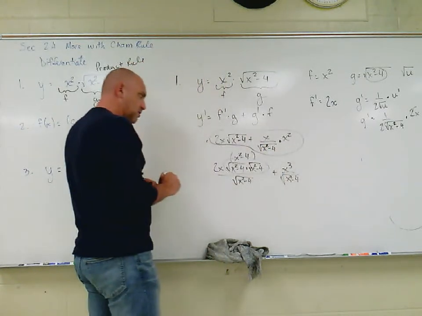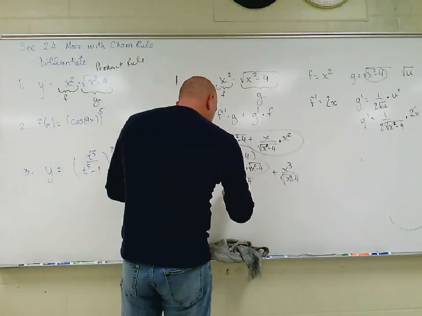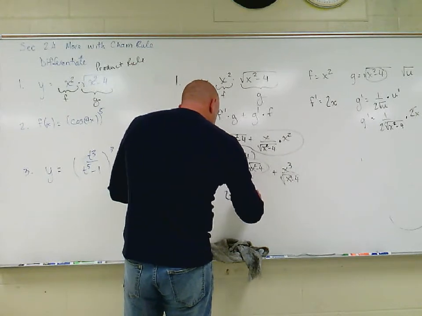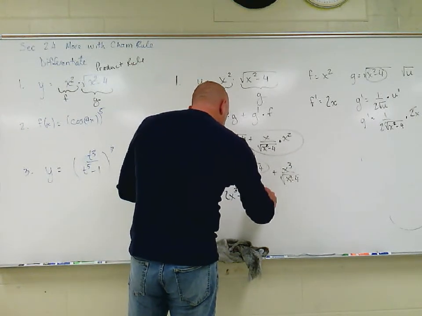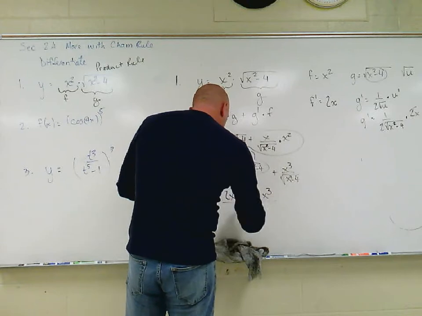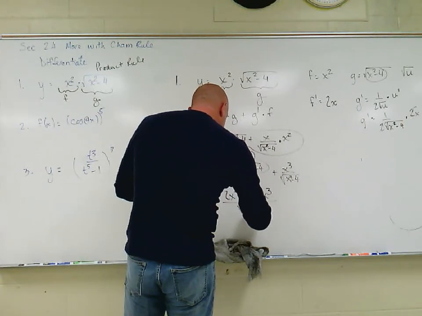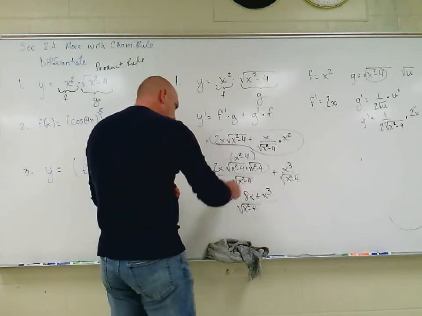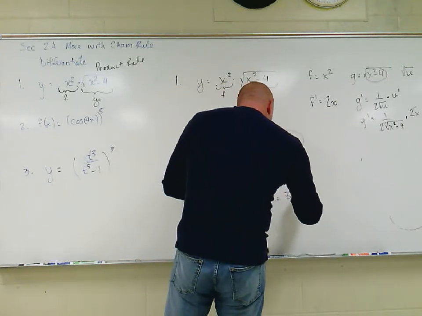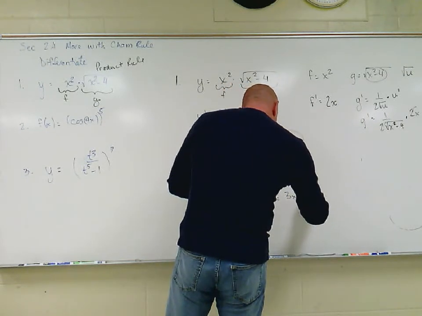If I do the algebra, let's see, we get 2x cubed minus 8x plus x cubed all over the square root of x squared minus 4. And so we get 3x cubed minus 8x over square root of x squared minus 4.